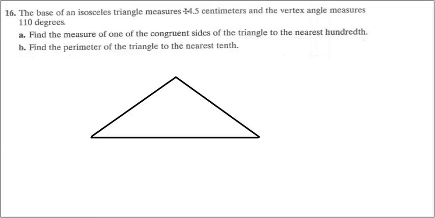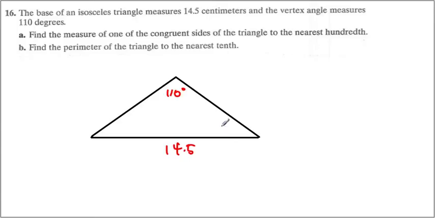The base of an isosceles triangle measures 14.5, so this becomes 14.5, and then the vertex angle measures 110 degrees, so that's one pair that we know. Find the measure of one of the congruent sides to the nearest hundredth.